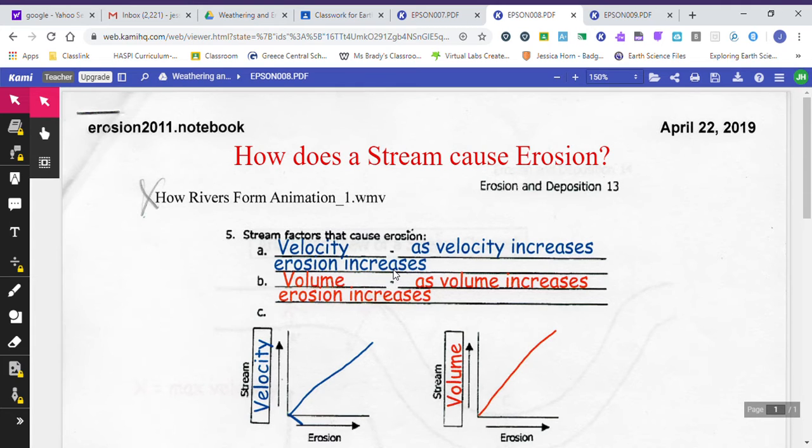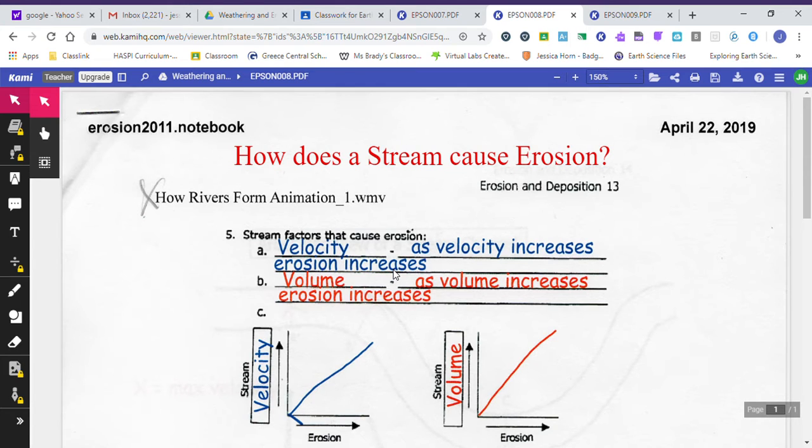For example, if you were whitewater rafting down a river and it was really fast with lots of whitecaps, that's considered high velocity, which means erosion would be pretty significant. Compare that to floating down a river in a nice comfy inner tube, going slow and taking your time. That velocity is a lot slower, so the erosion would be significantly less.